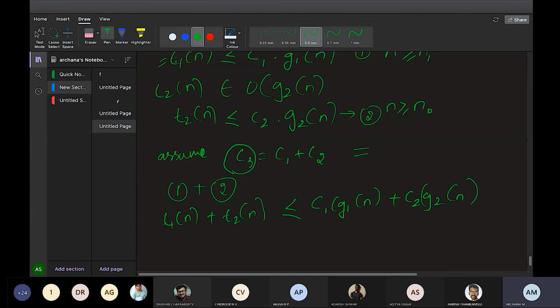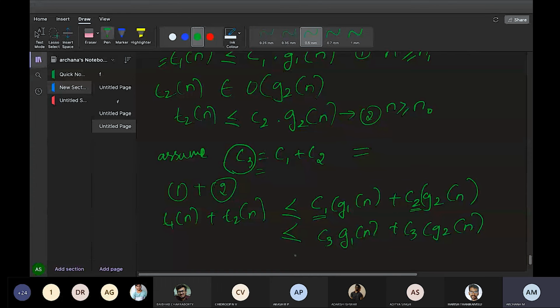We have to add. Just take this first one and this second one, add those two and you will get this. Now C1 and C2 are given. We are assuming that C1 and C2 equal C3. So instead of C1 and C2, you can write it as C3 of G1 of n plus C3 of G2 of n.